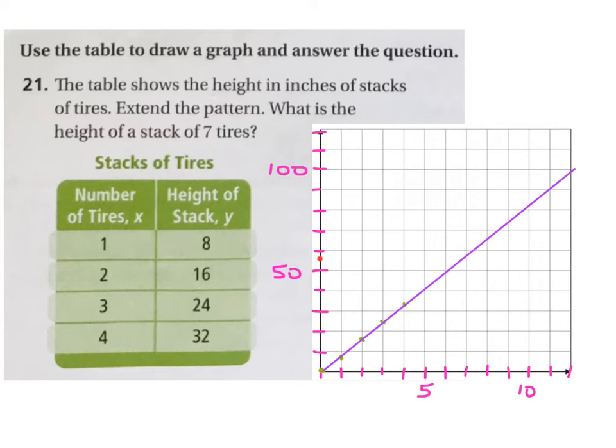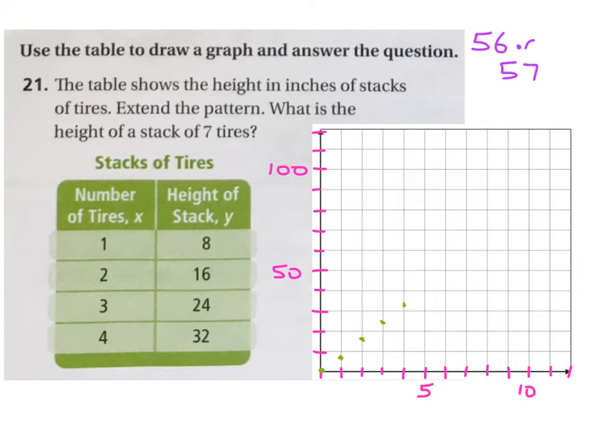Okay. So using that to extend the pattern, we could assume that it's 56 or 57 is my guess. But let's actually do the pattern, okay? I'm going to get rid of the line and say, well, what's happening each time?